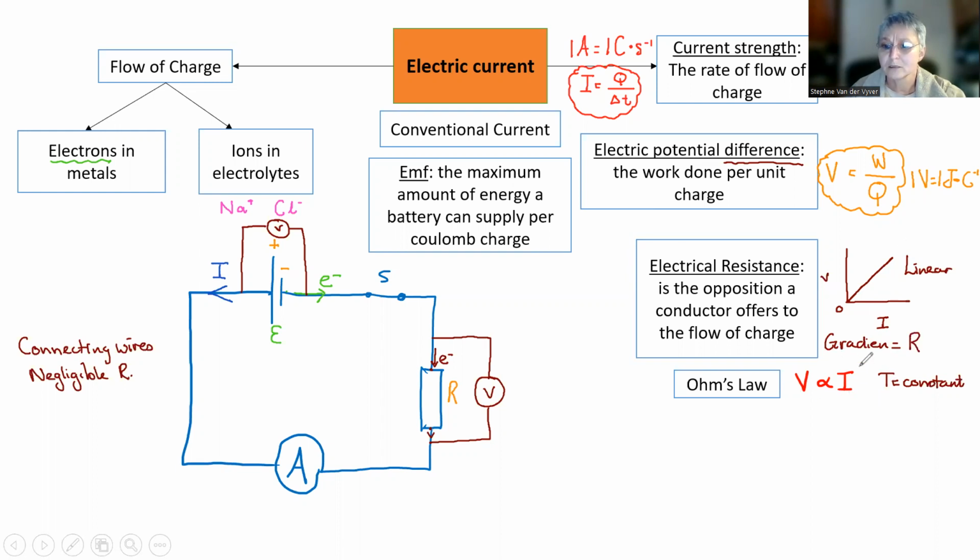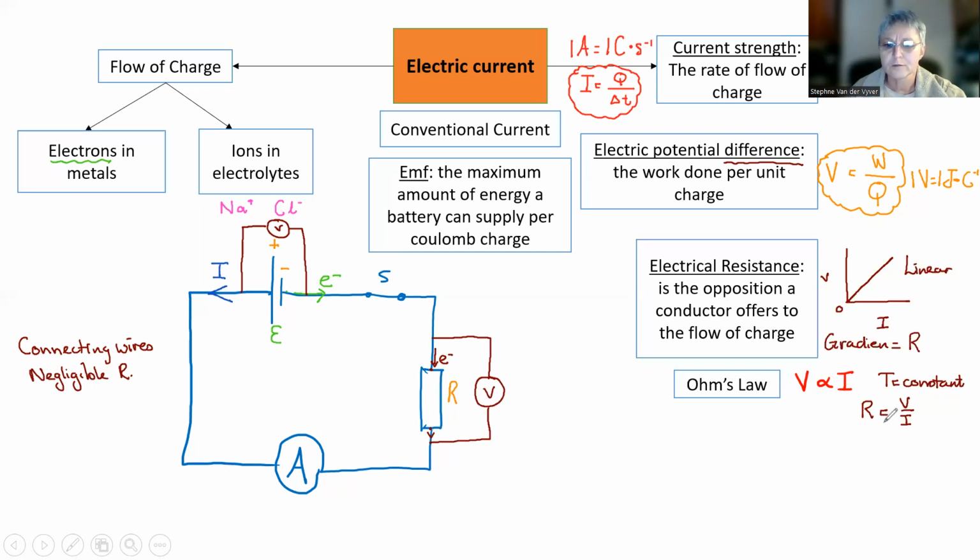So we can change this mathematical relationship into R equals V over I, if you want to write it with the resistance as the subject of the formula.